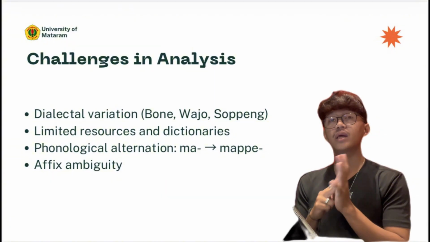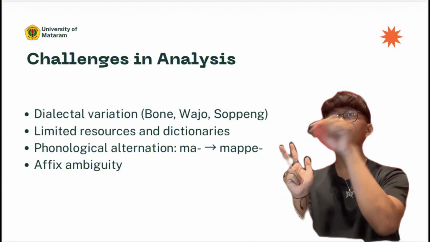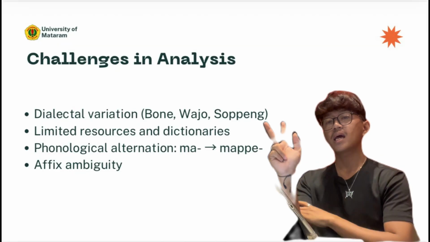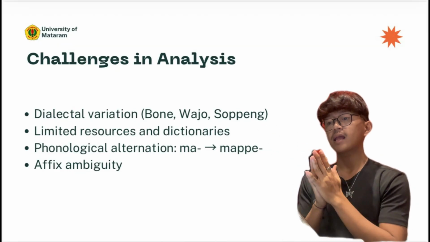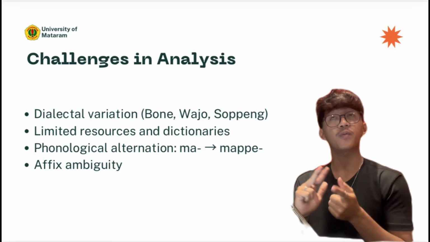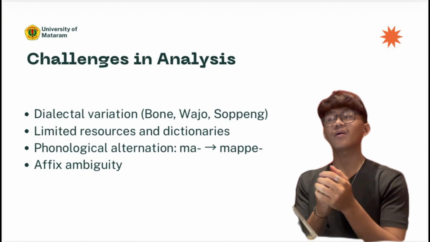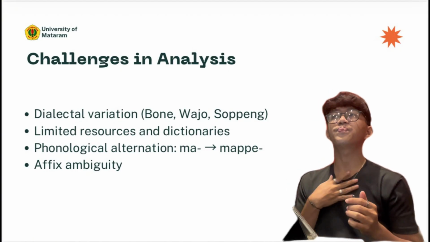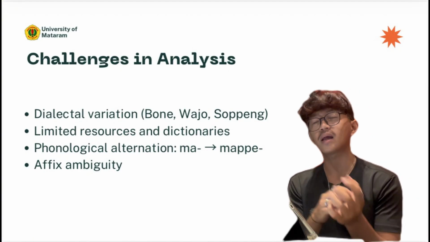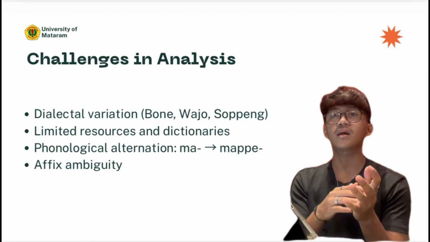I asked my friends from Bone, from Wajo, from Sopeng. I asked them about words like makunrai or makanre, that means to eat. I texted them to ask what it means in English.